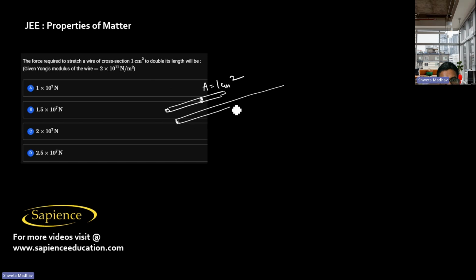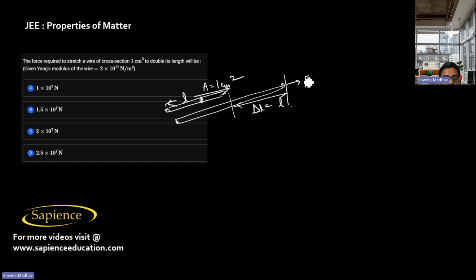That means the extension, delta L, is also equal to L. If initially the length is L, then the extension is also L.